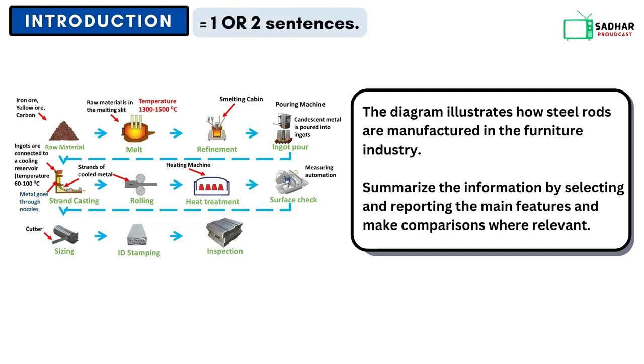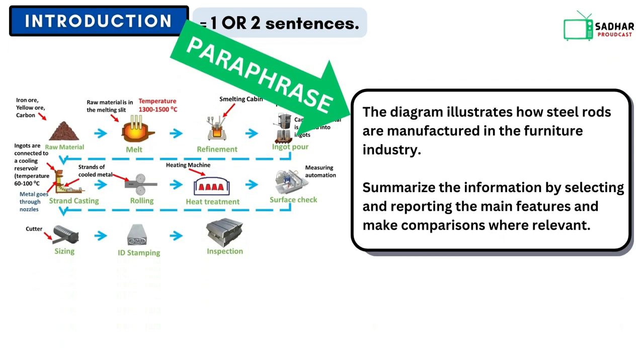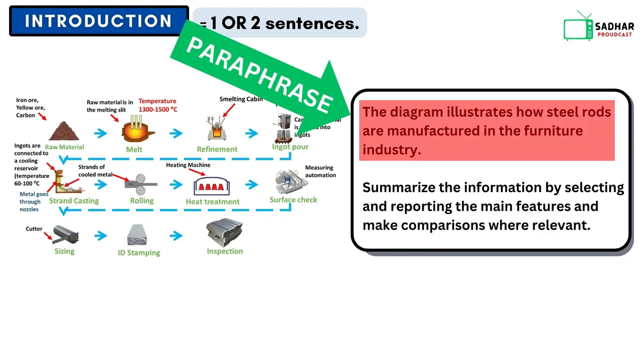Remember, we start with introduction, and in the introduction, you simply write 1 sentence or 2. And what we need to do is we just paraphrase the question. So here we have the diagram illustrates how steel rods are manufactured in the furniture industry.